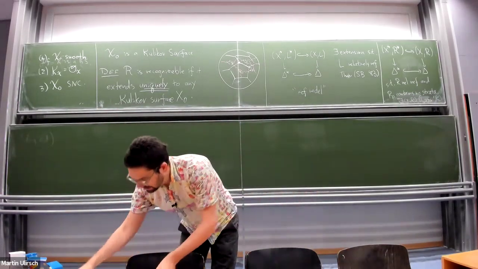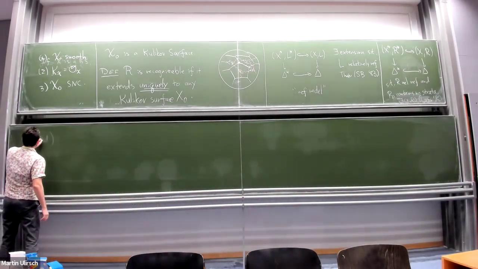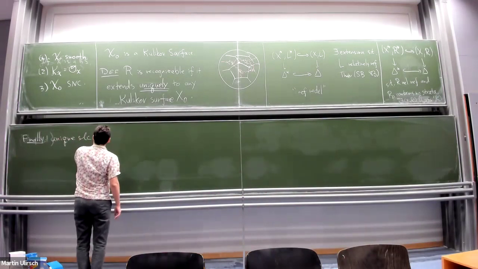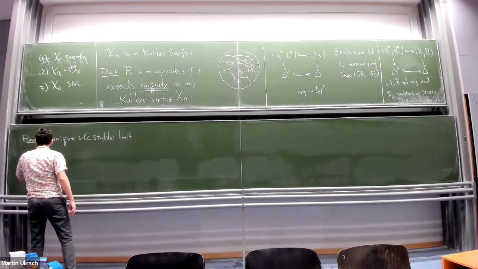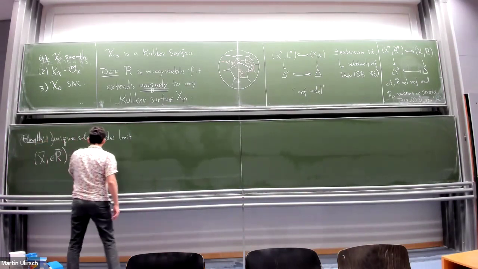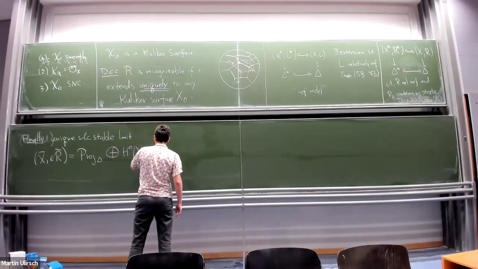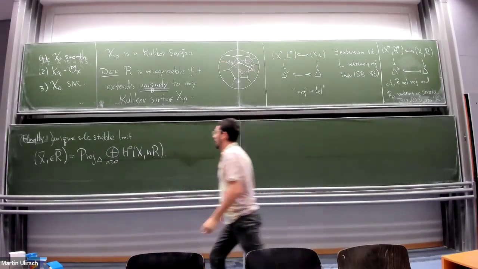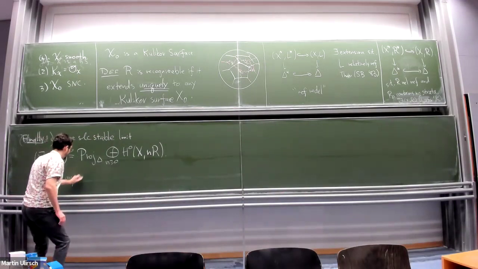Okay, so finally, let me say the stable model. Finally, the unique SLC stable limit is X bar epsilon R bar, which is Proj over the disk of the sum of the sectors of the multiples of this R. And this is for any divisor model.